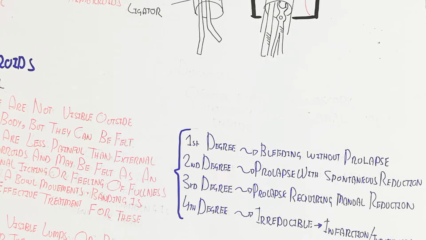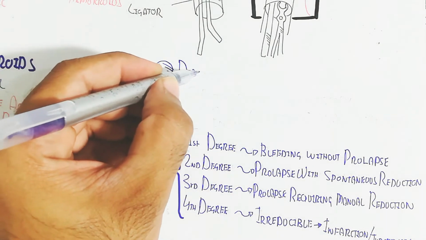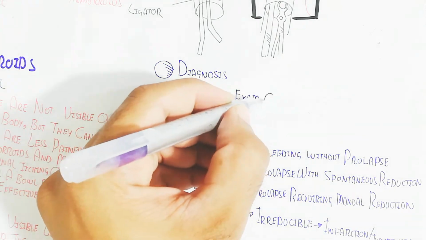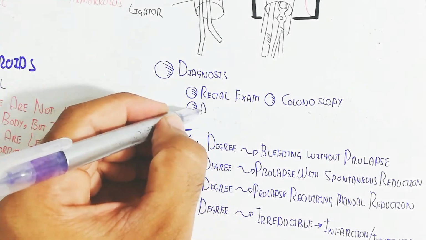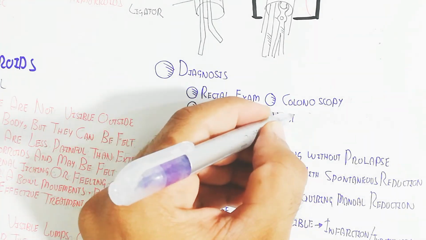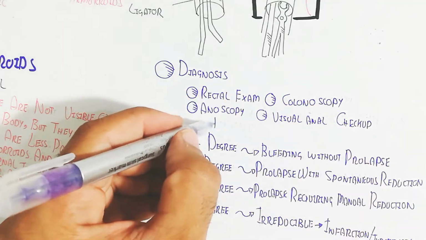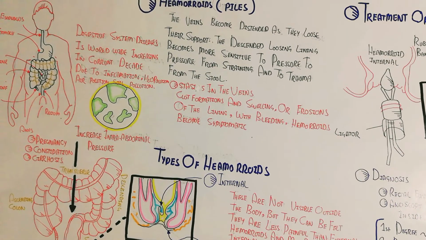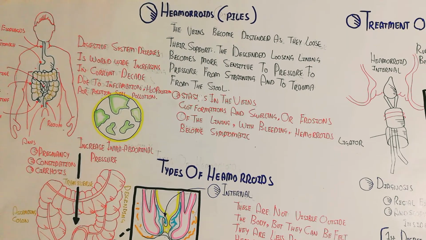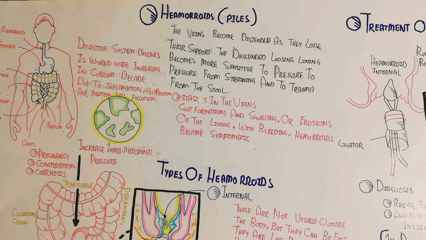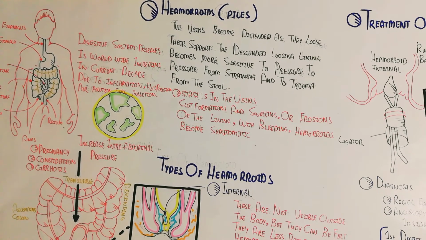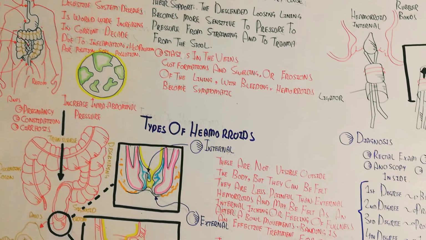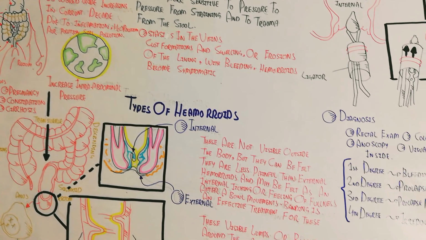The rectal exam, colonoscopy, anoscopy and visual anal checkup inside help us identify the hemorrhoid or piles. So this is the diagnosis procedure, while the treatment option is the rubber band collapsing the lump so that it will not bleed. We have discussed the general overview of hemorrhoid piles, and we have not gone into detail.